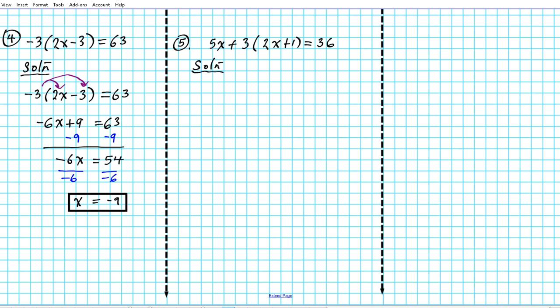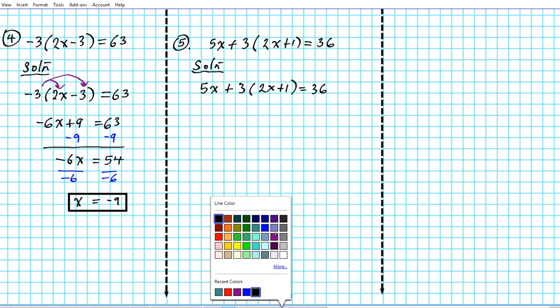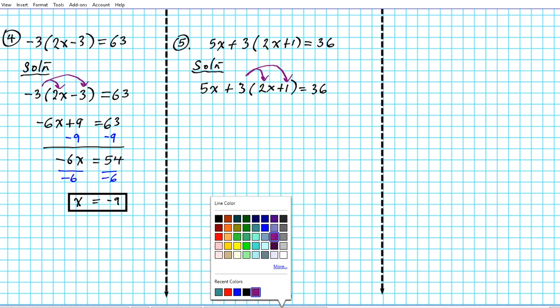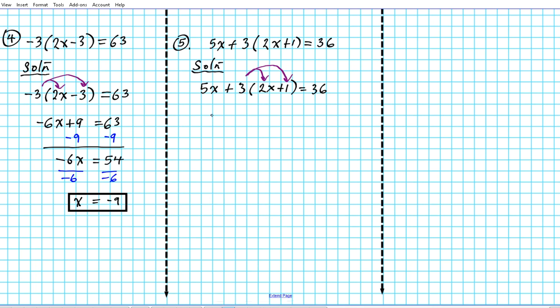So for this one, we're going to start off by getting rid of that parenthesis by using the distributive property. Okay, so let's go ahead and do that. Distribute the 3 to the two numbers in the parentheses. Okay, so that yields 5x plus 3 times 2 is 6x plus 3 times 1 is 3 equals 36.